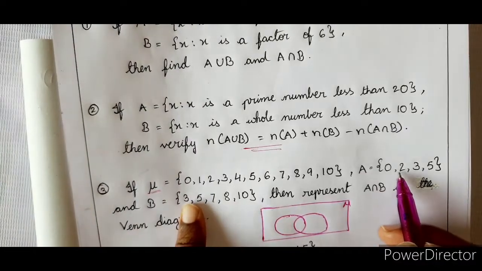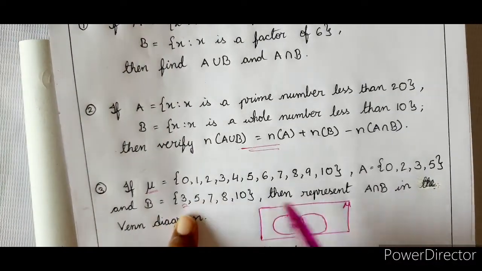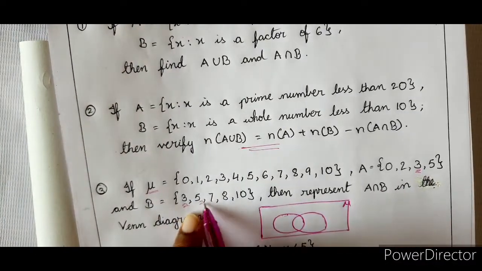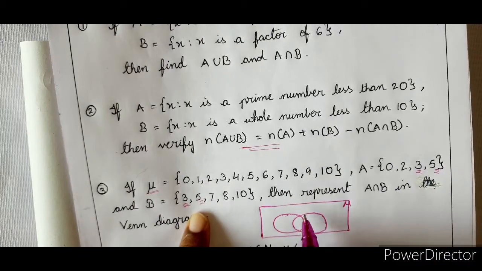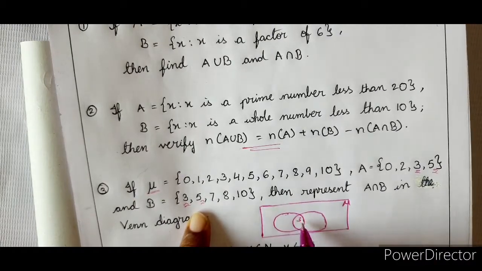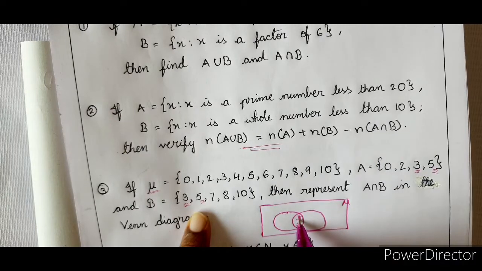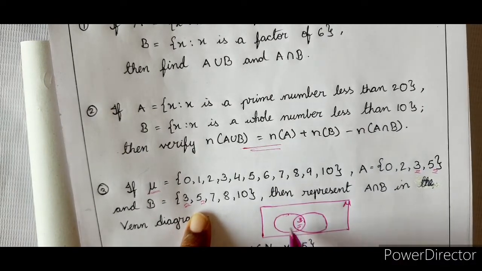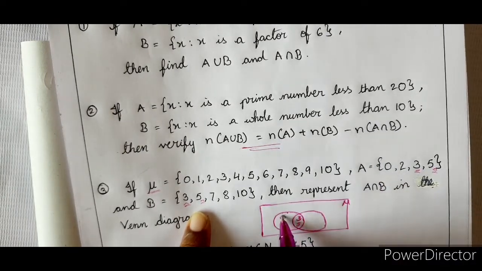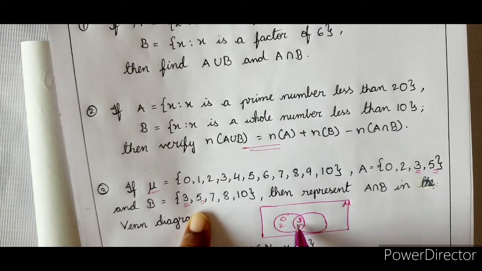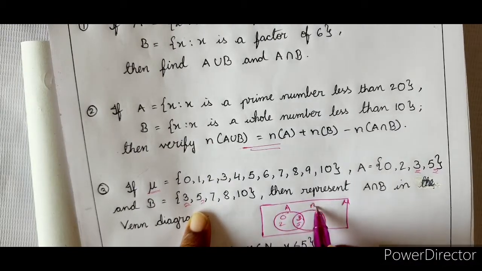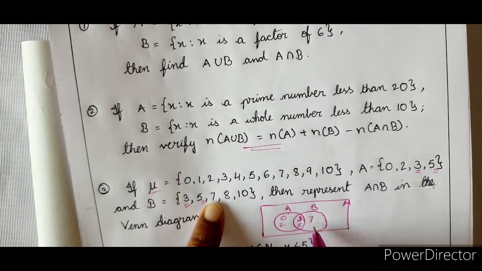A intersection B. Do you have any common elements? 3 is common here, 5 is common here. So, 3 and 5 will come in the intersection region. The remaining, 0, 2 will be in A. In B, 7, 8, 10 are the elements.